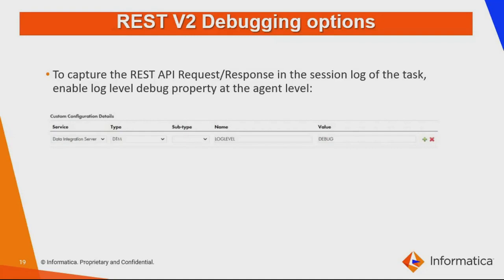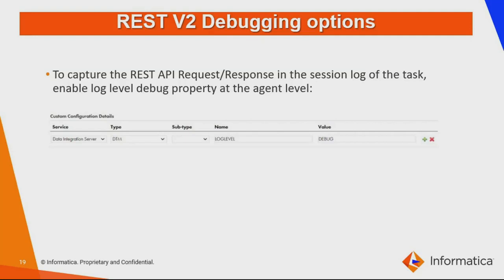REST V2 debugging options. Say for some reason you are not able to get the response in the expected format. In such cases, you might need to look into the request which was made by the connector and compare it with the request made outside Informatica Cloud to get to know where it is going wrong. To do this, you can configure log level debug property at the agent level.